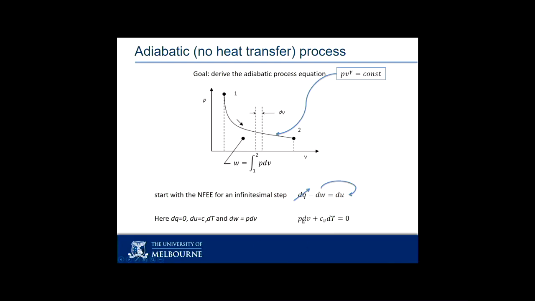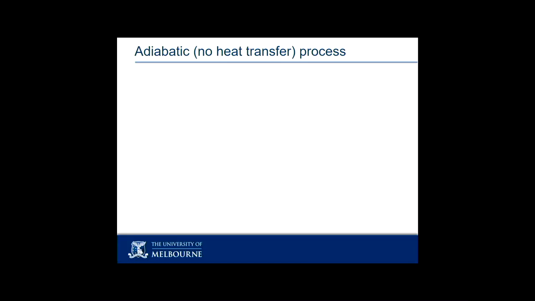This is my boundary work, PdV, but P is not independent of V. So let's get deeper into it. What I'm going to do to crack this problem is to differentiate the ideal gas equation, PV equals RT.